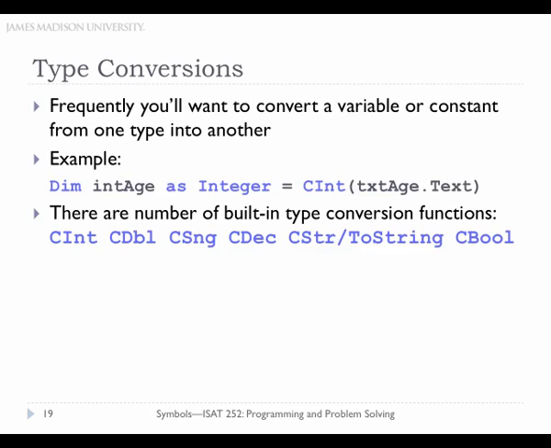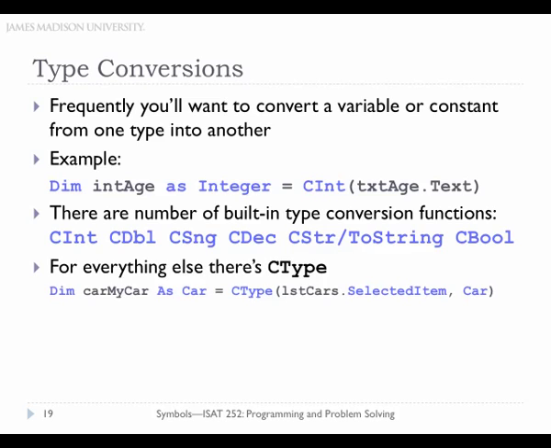You can also use the ToString method on most of your objects if you don't want to use CStr, and then CBool, which converts to Boolean. For everything else, there's another function called CType. Here's an example of a program where we have a class called car, and the car class represents things related to a car.